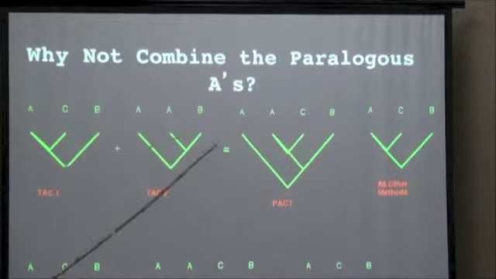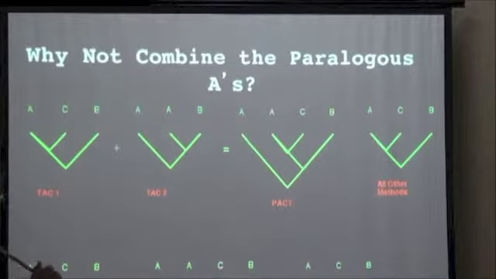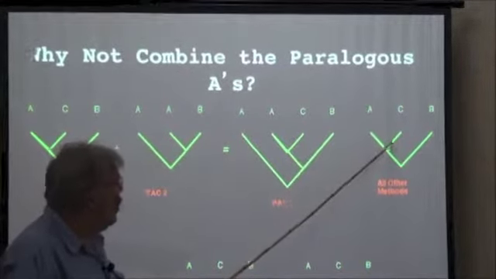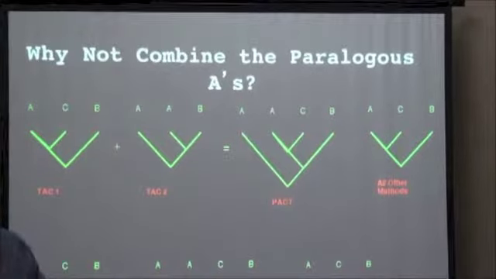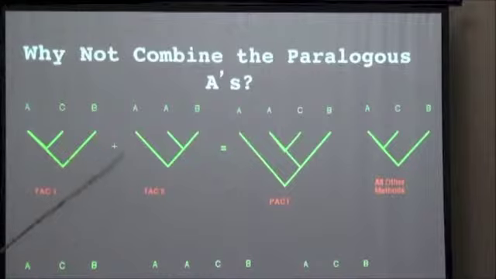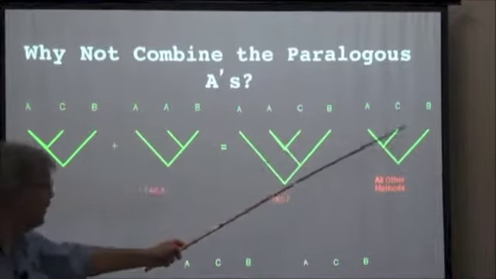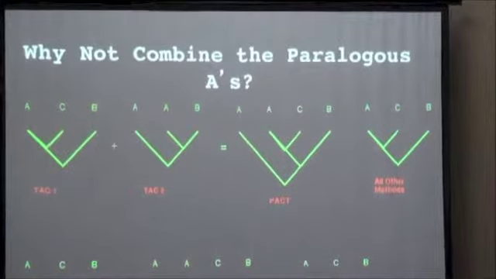If you combine them with PACT, this is what you get because you maintain that paralogy. All the other methods, including secondary BPA, combine those two, and basically it just says, well, it's AB, we have AB, so the result is actually this.